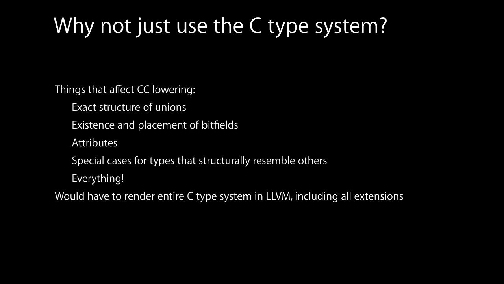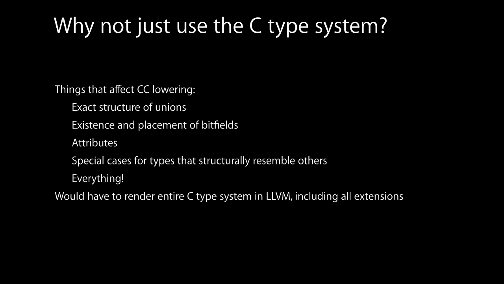A question that we get very, very often is, why does LLVM not just use something that's much more natural to lower? Why do LLVM IR types feel so completely different from Clang types? The problem is that it's very easy to get to a state that feels approximately right.